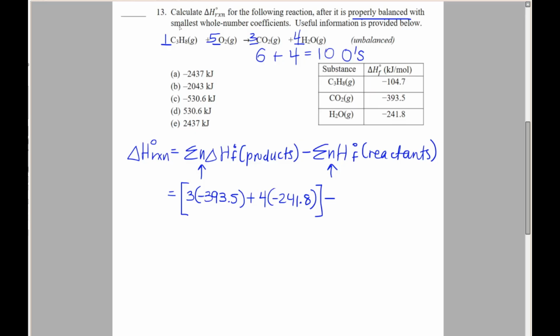So we're just going to subtract the coefficient of C3H8 times the delta H formation of that molecule. That's just 1 times negative 104.7. If you plug all this into your calculator, you should get negative 2043 kilojoules. This matches up with option B, so the answer is B.